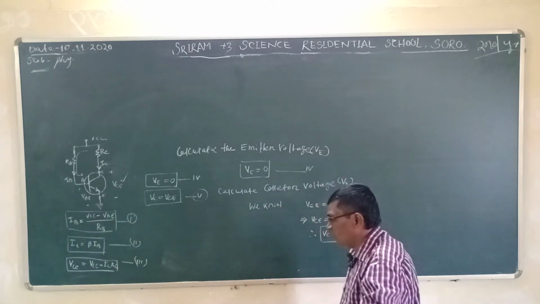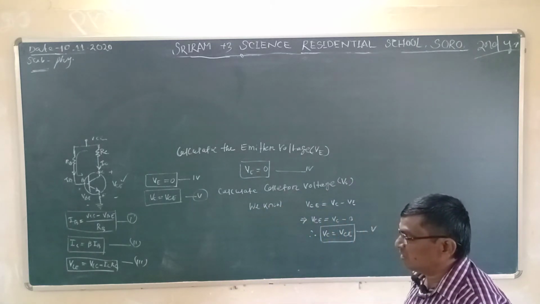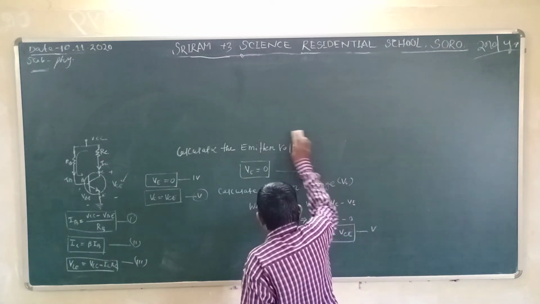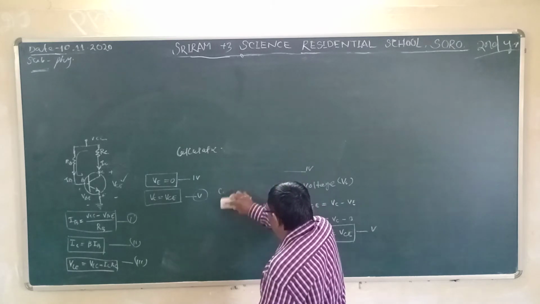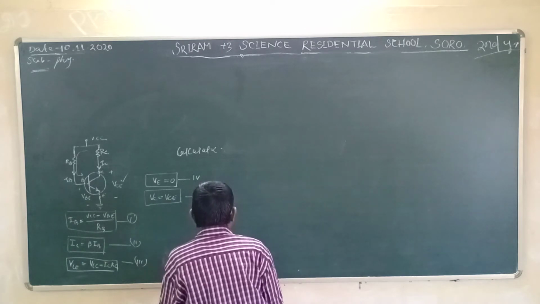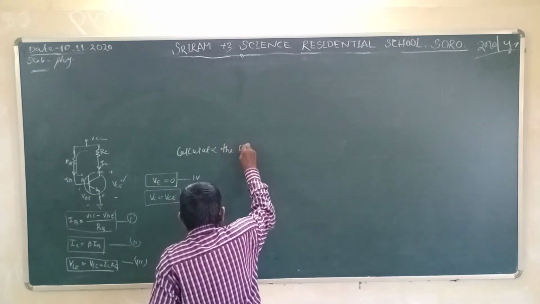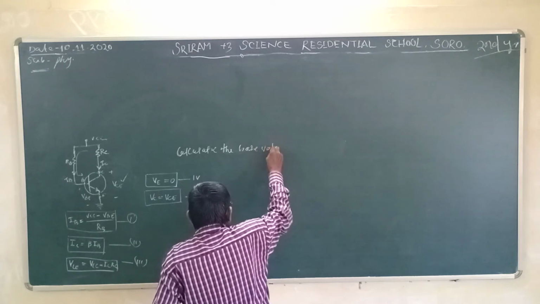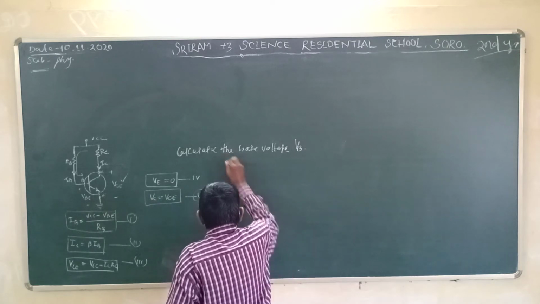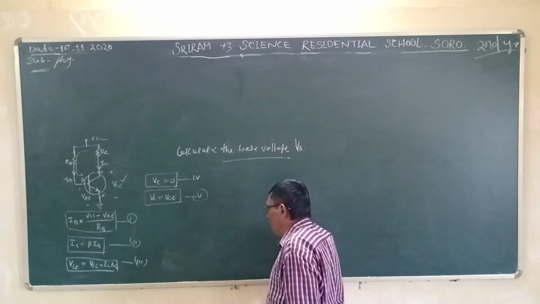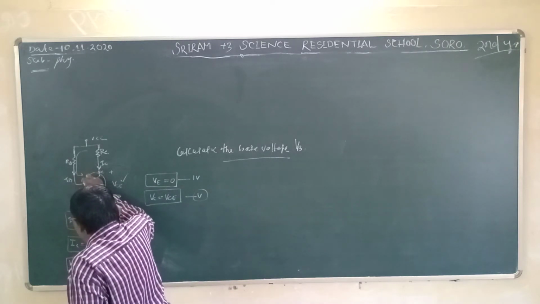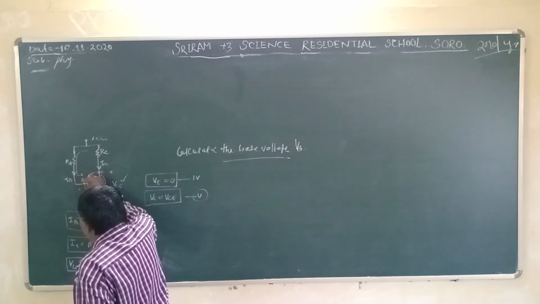Now we calculate the base voltage VB. We consider this voltage at the base point, that is VB. How to calculate this voltage?